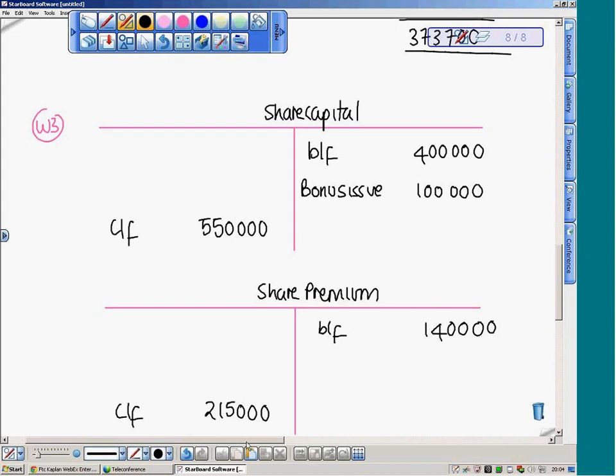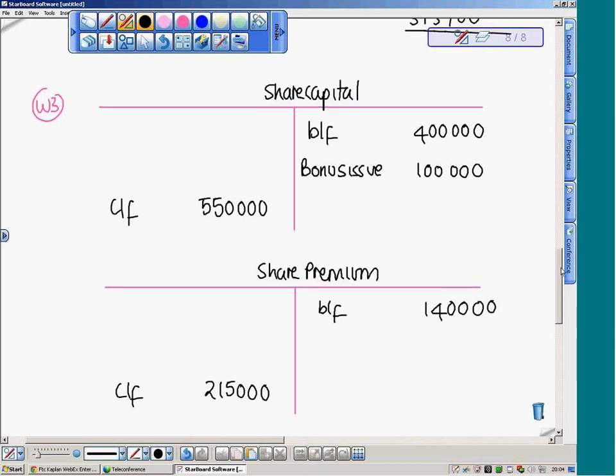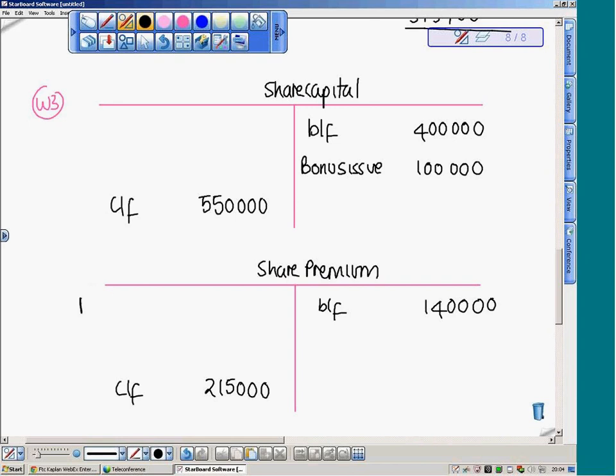Now, what they tell me in note 1 is that this was funded 50,000 out of retained earnings, or the rest of it from share premium. Okay, so yes, we're crediting the share capital, but we want to debit the share premium for this issue. This wasn't taken to the retained earnings, therefore 50,000 to the share premium. Okay, and just for reference, mentioning that it's coming from the information in note 1.